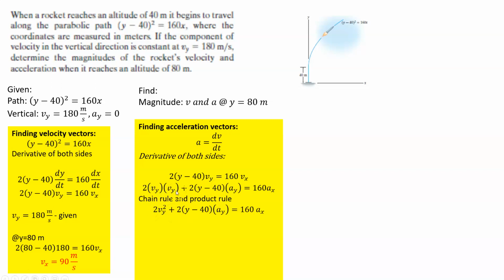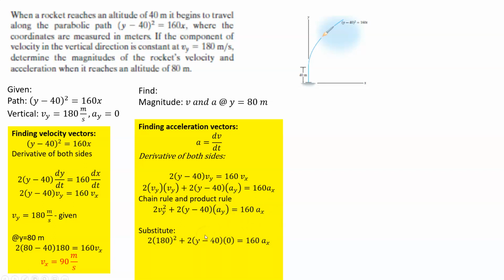So all we did was go through and do some basic arithmetic. 2 times velocity in the y squared, plus 2 times y minus 40 times the acceleration. So that's just a little bit of simplification. Now we just do some substitution, because we already know what this is. The acceleration in the y is 0. We don't know the acceleration in the x.